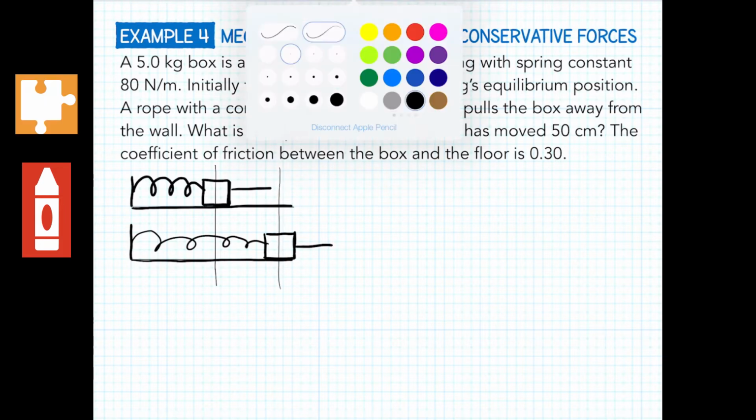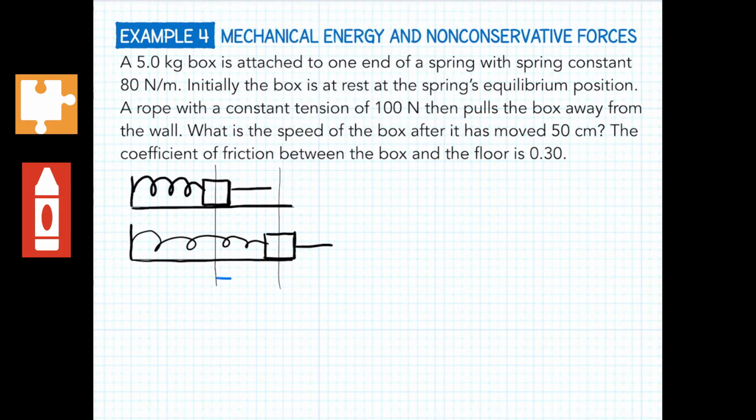So first things first, we have our displacement. That's delta x, which is equal to what? Yeah, this should be 50 centimeters. So 0.5 meters, just to save conversion later.